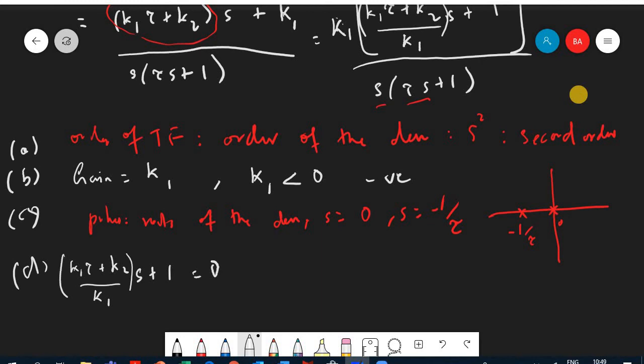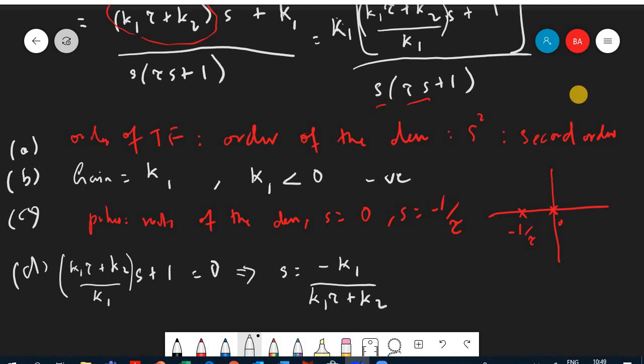So that will be minus 1 over tau A, and S, the zeros, are going to be minus K1 over K1 tau plus K2. Beautiful.